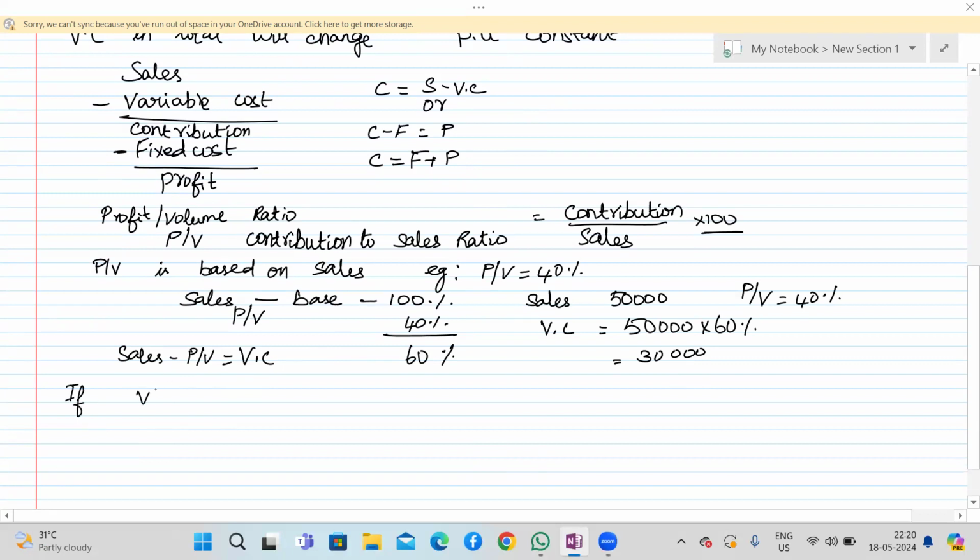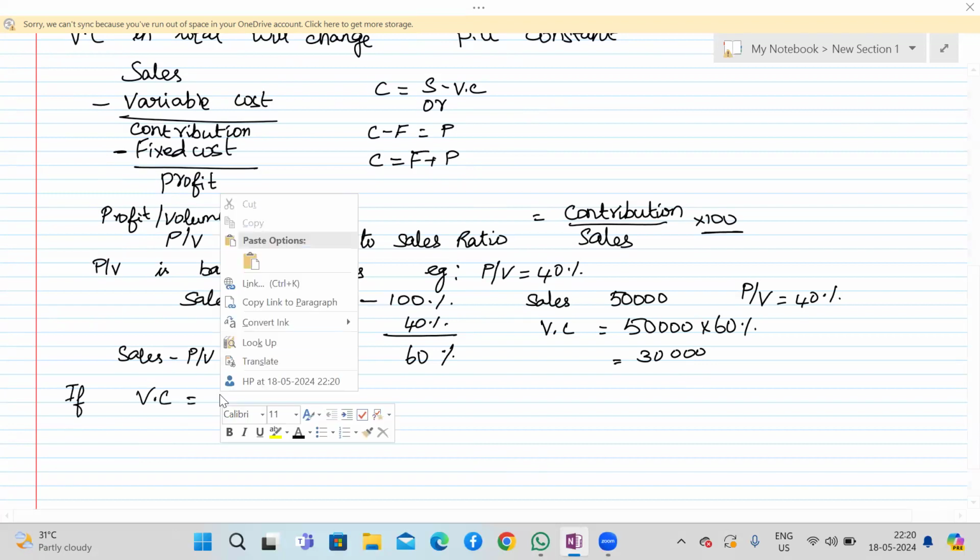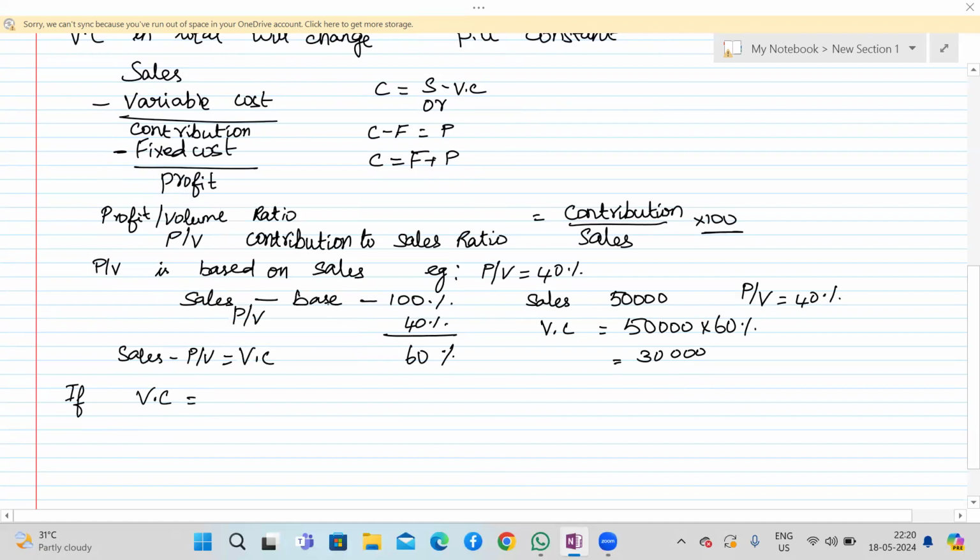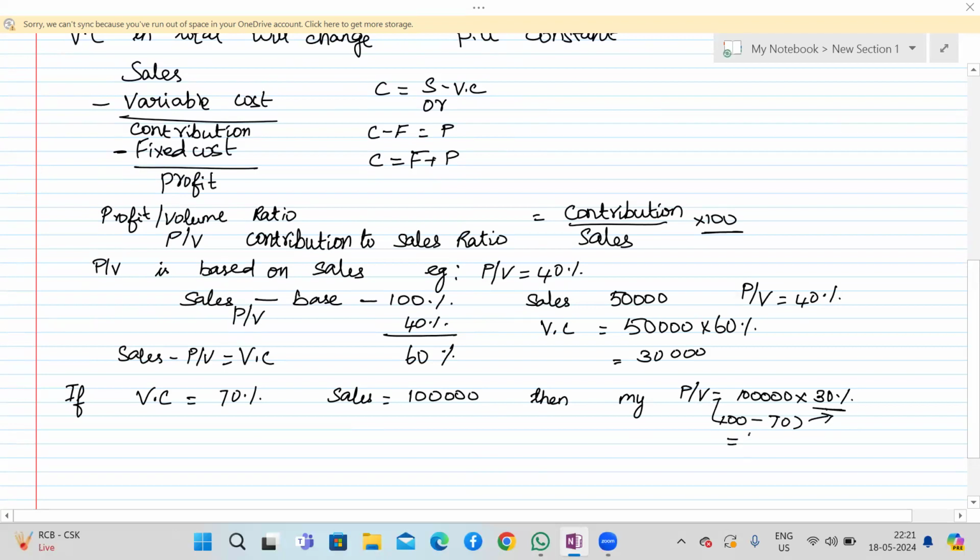If variable cost is 70%, say for example, and my sales is 1 lakh, then my contribution will be 1 lakh into 30%. How am I getting this 30%? That is 100 minus 70, that is 30%. So I will be getting 30,000 as contribution.